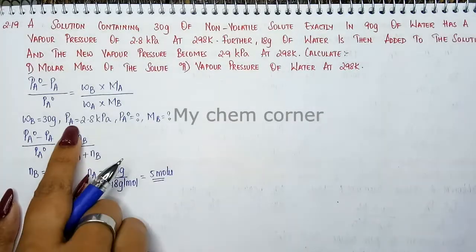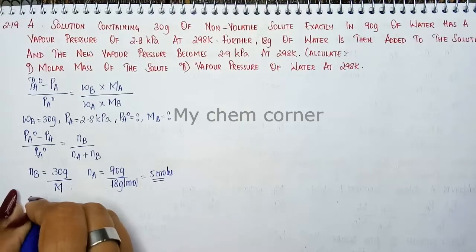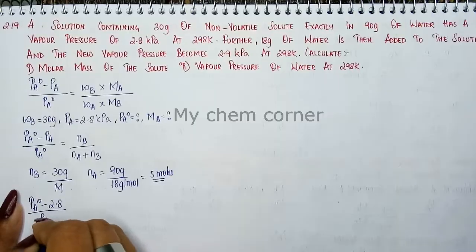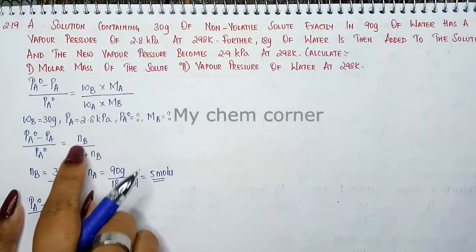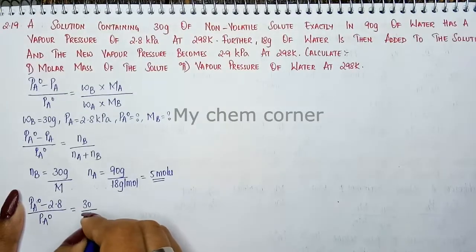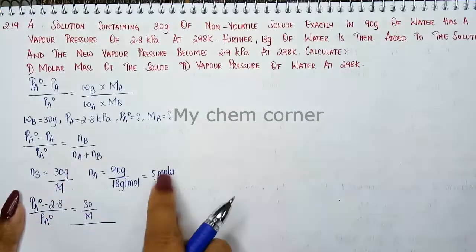So here PA is given, PA naught is not given. So when you write down, you can write PA naught minus 2.8 by PA naught, which is equal to NB is what? 30 grams by M. Alright. Now whole divided by NA is what? 5.